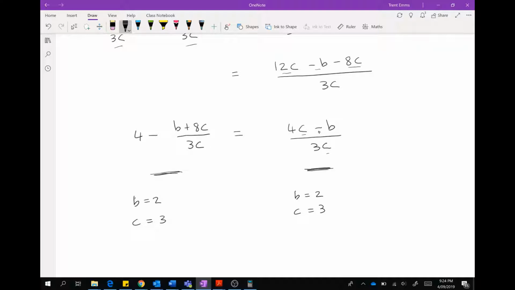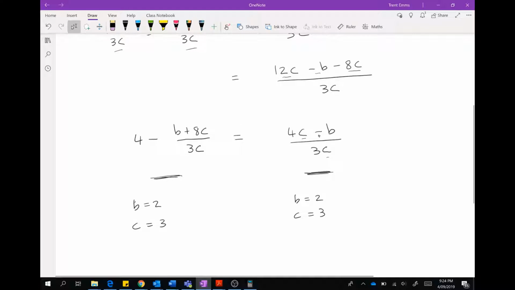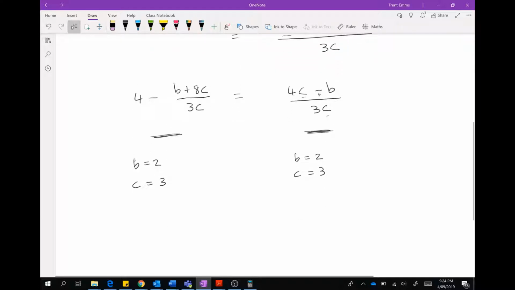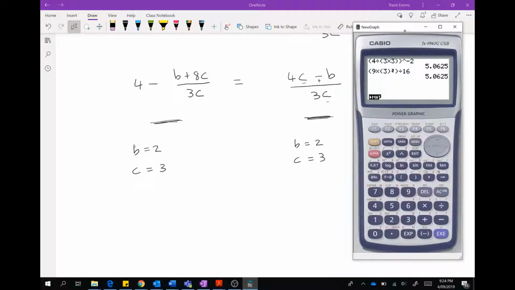By doing this check, that will pick up on that negative you might have missed back here by not bracketing this, and it will allow you to fix it in the exam, because if you just put an answer down and go with it, it might be wrong. So let's grab our calculator. Let's check the left hand side first.